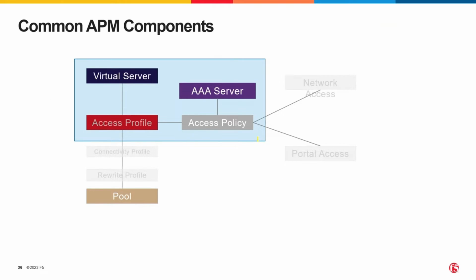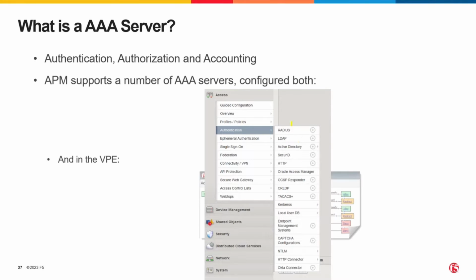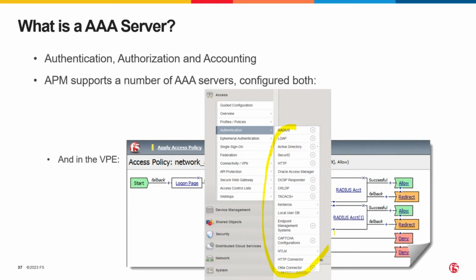Yeah, and for the AAA server we will have the next lab, but of course this AAA server, I mean the server that you want to authenticate with. So the database of your users can be anything from this: RADIUS, LDAP, Active Directory, whatever it is, right? Even local user DB, which in my opinion is not so good.